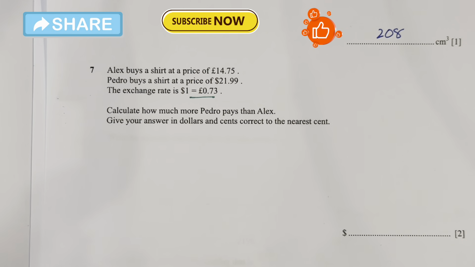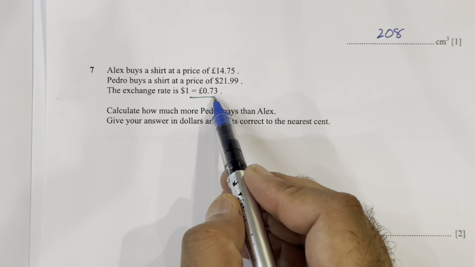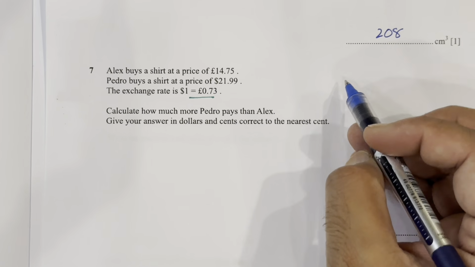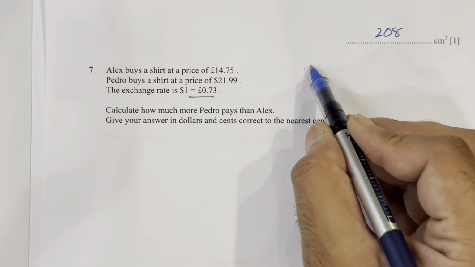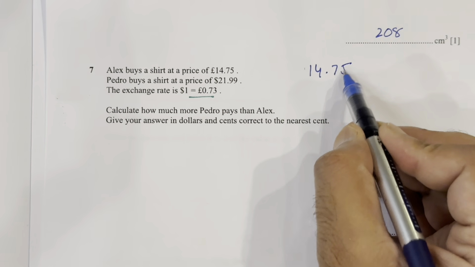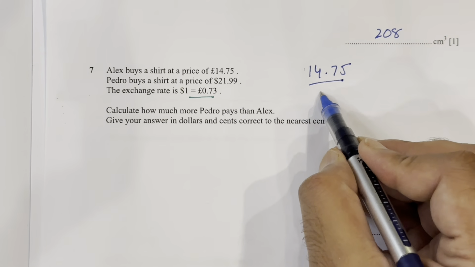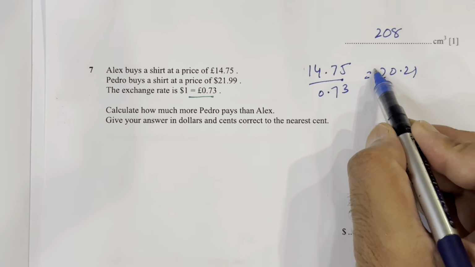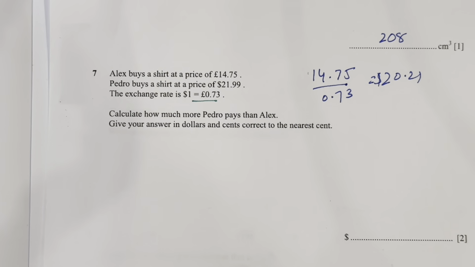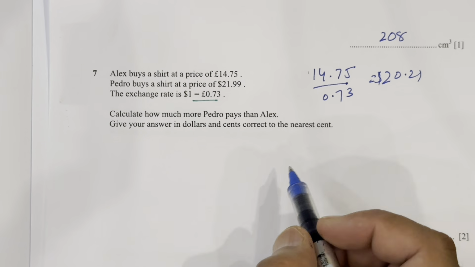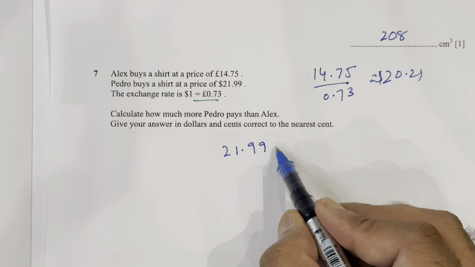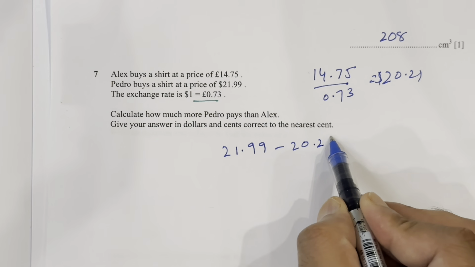We note that the exchange rate is $1 equals 0.73 pounds, and Alex buys the shirt in pounds. So we're going to convert into dollars. 14.75 divided by 0.73, the dollar amount would be $20.21. Now Pedro buys a shirt at this price. Now we can take the difference between those two values: 21.99 minus 20.21.